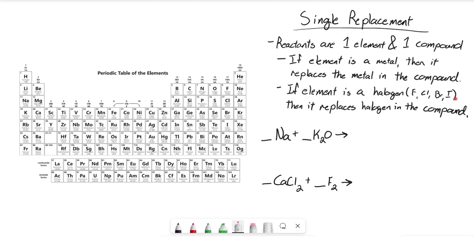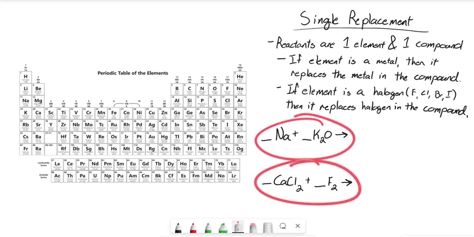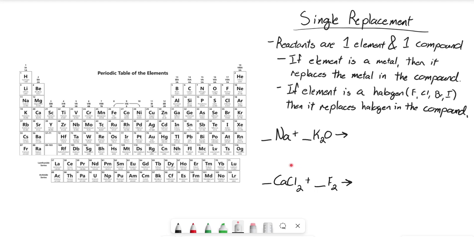So I've written two different examples here on the screen, one in which the metal is going to get kicked out and the other in which the halogen is going to get kicked out or replaced. In our first example here, we have the element sodium reacting with the compound potassium oxide. In this case, the element here is a metal, sodium.